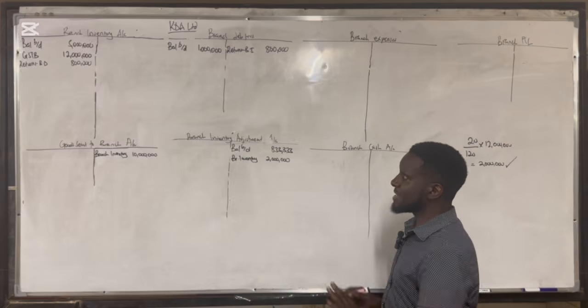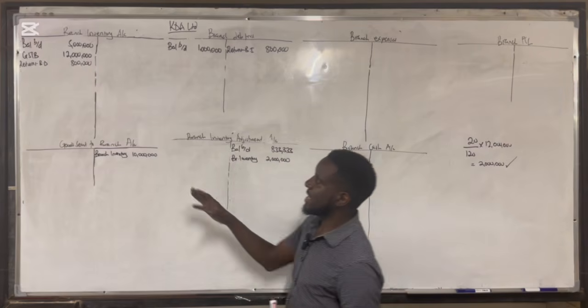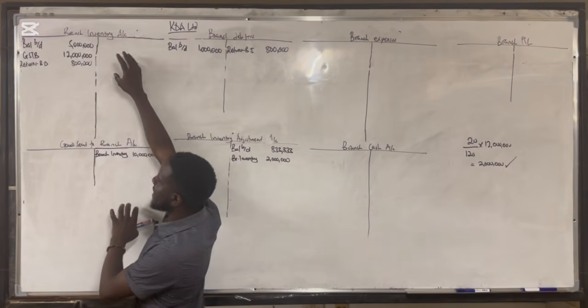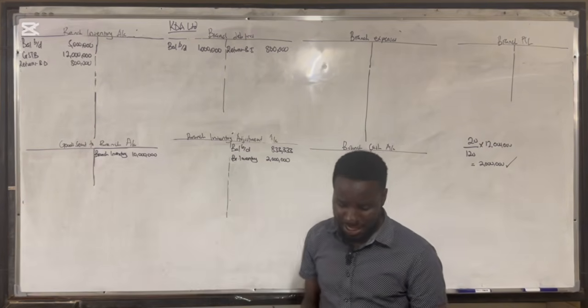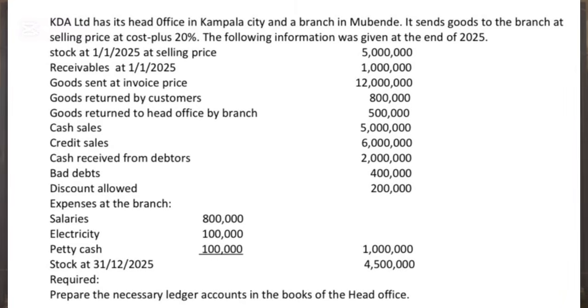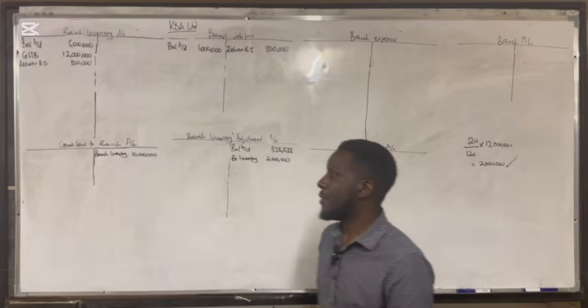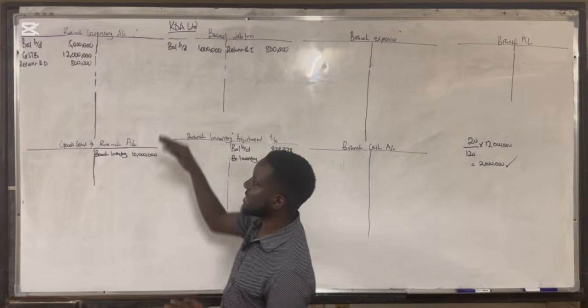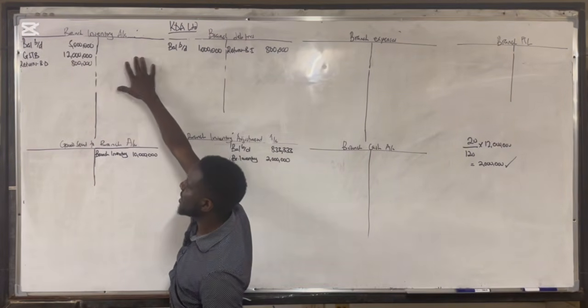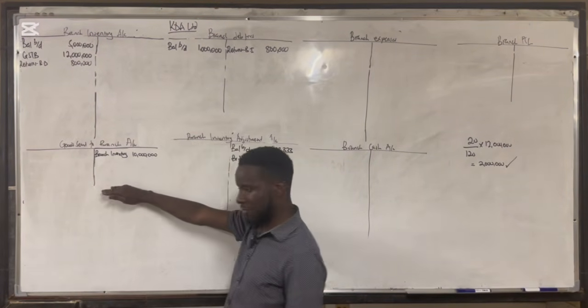Then in the next scenario, they told us that there are returns from the branch to the head office. Now, the question is saying that we had goods returned to head office by branch. Now, once goods are being returned to head office by branch, it means we are still having a movement between the branch and the head office.